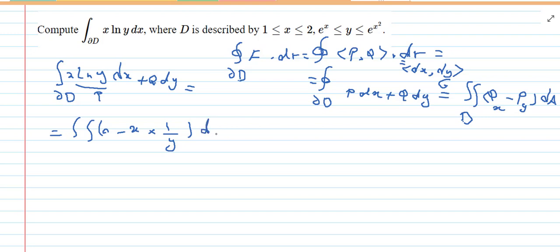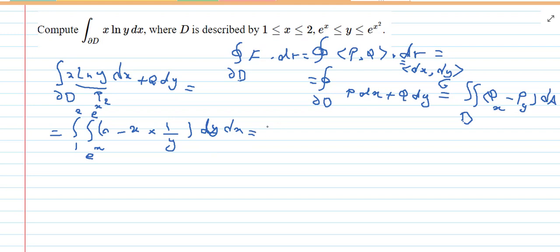dA is dx dy. So as x changes between 1 and 2, it's better we take first dy and then dx. So x changes between 1 and 2, here I can put 1 and 2, and y changes between e^x and e^(x²).